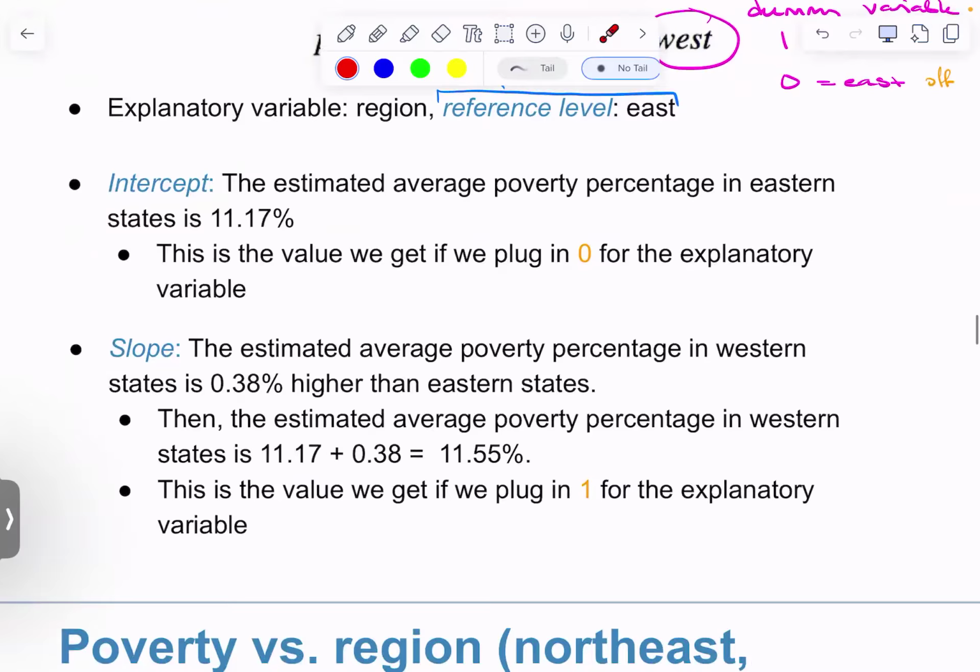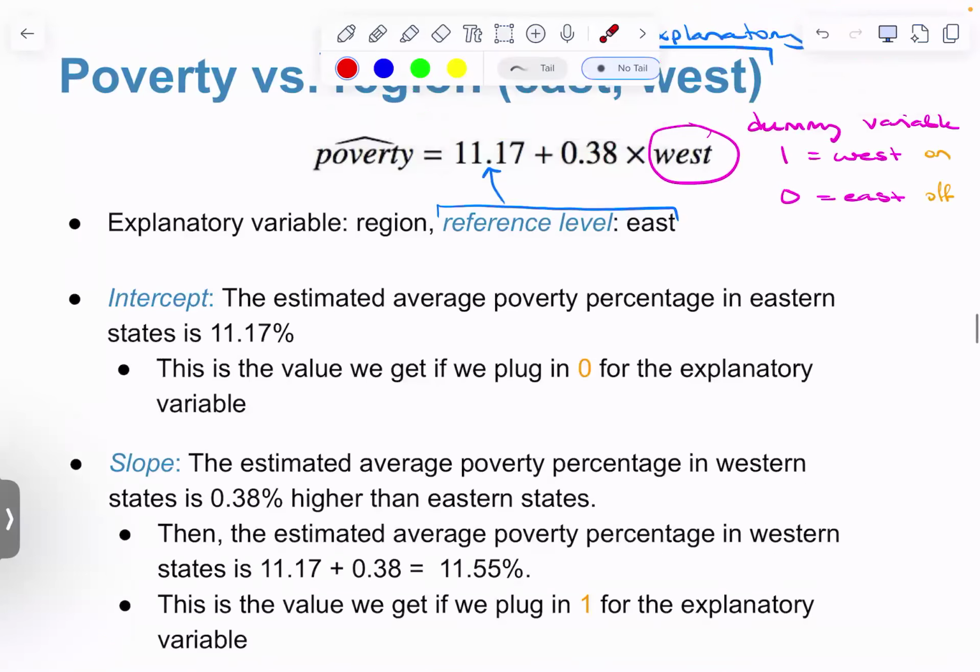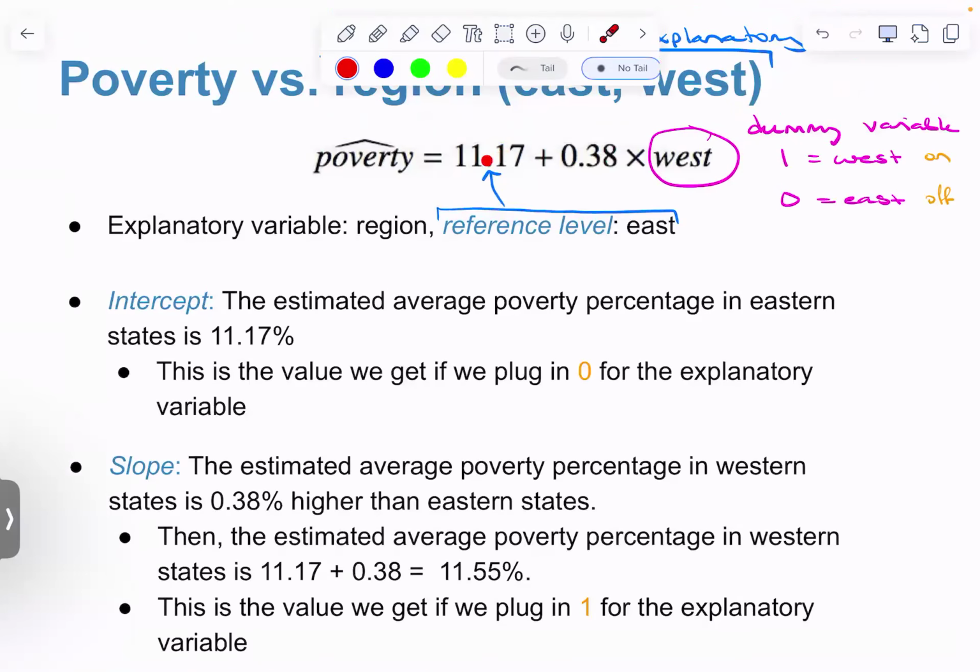And then the slope in this case is the estimated average poverty percentage in western states is 0.38% higher than eastern states, because we're using this reference level of the eastern states. So now if I tack on the west and it's adding, then the west has a slightly higher percentage in poverty.